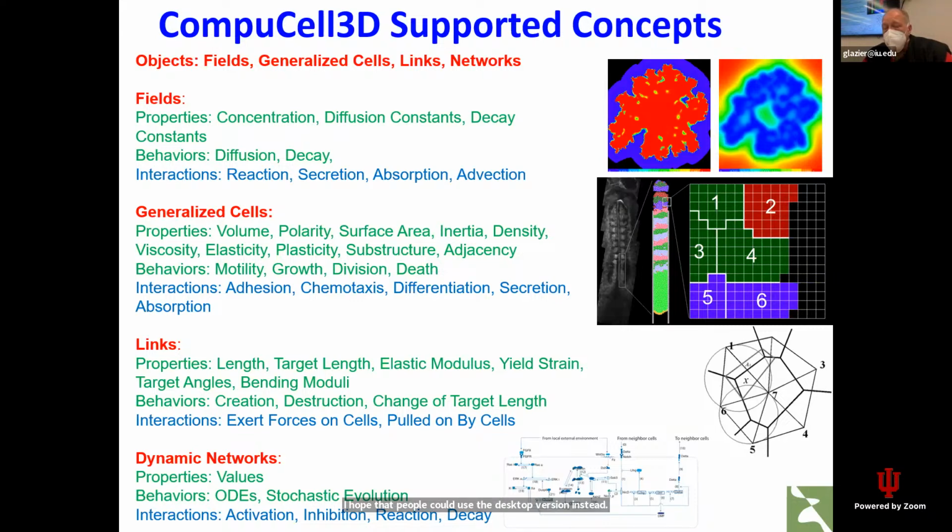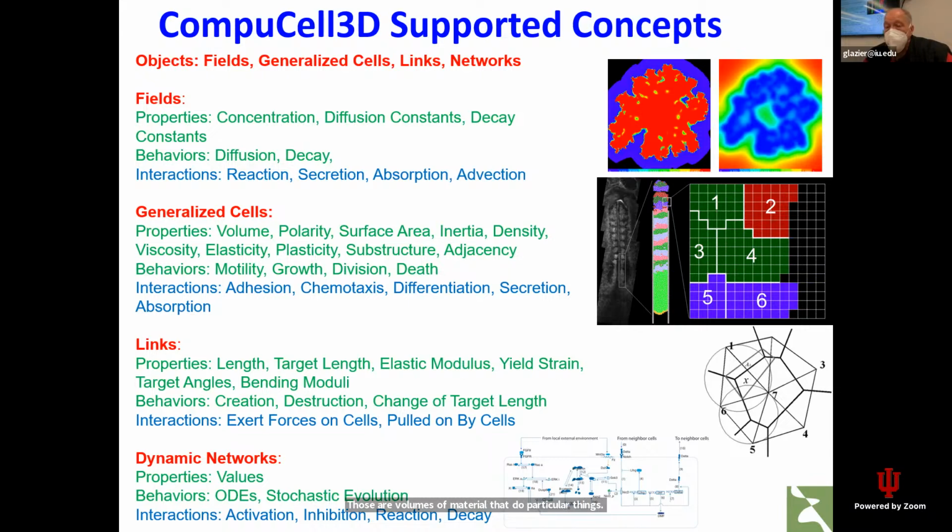There are a lot of basic biological and physical concepts that are supported by these kinds of modeling frameworks. We'll hear a lot of talk about objects, processes, dynamics, and initial and boundary conditions. Objects are the things that are being modeled. In general, we're going to be talking about cells or generalized cells. Those are volumes of material that do particular things.